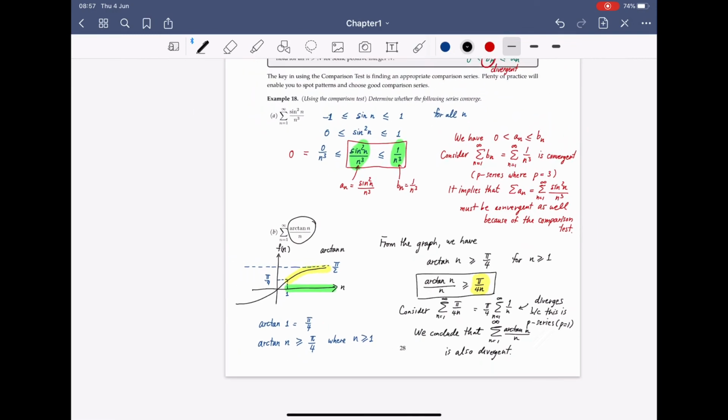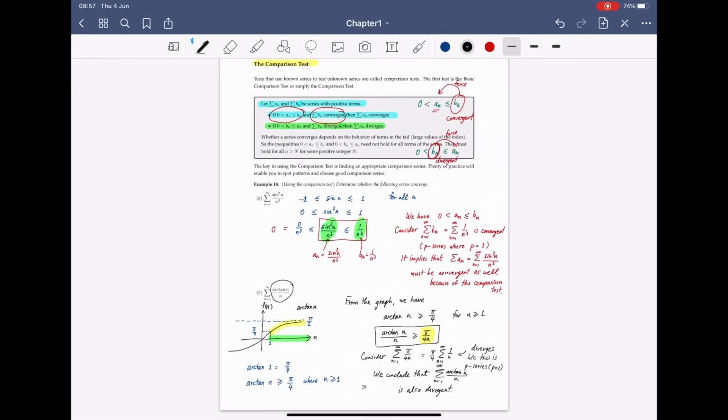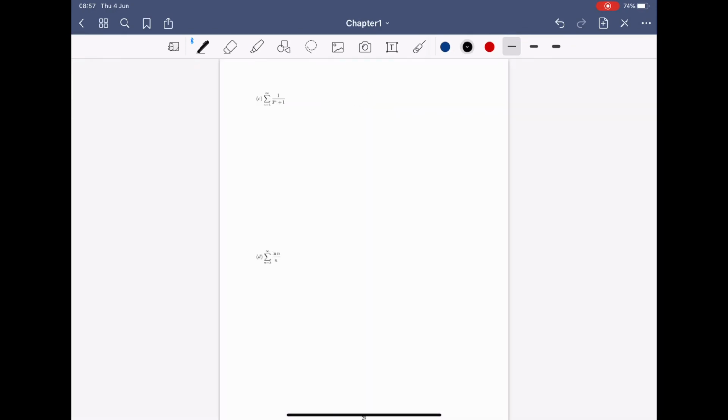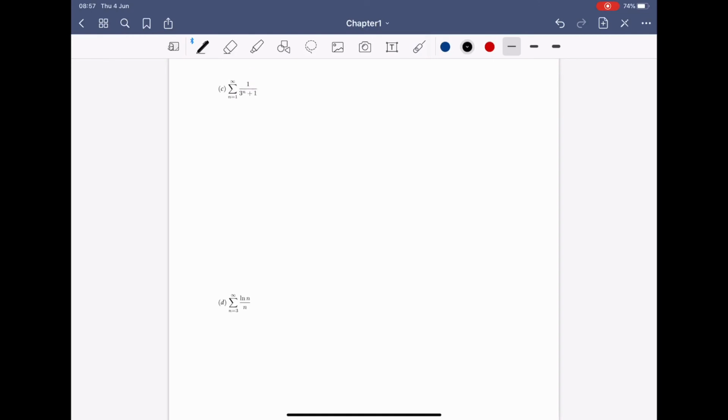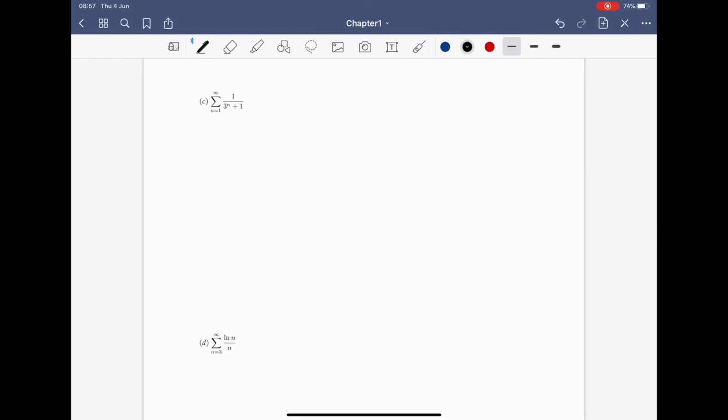Alright, let's do 2 more examples before we stop this clip. Alright, let's do part C and part D. So part C, I have the summation of 1 over 3 to the n plus 1 here. So we're gonna just make a comparison test with 1 over 3 to the n. That is the easiest way to do.